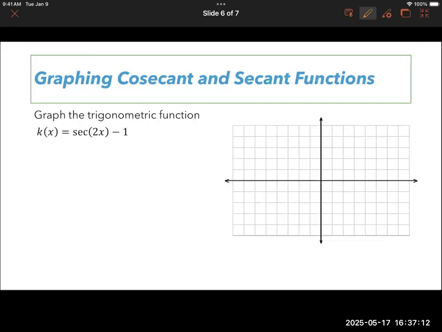And so when we're graphing cosecant and secant functions, we know that cosecant is the same as 1 over sine, and we know secant is the same as 1 over cosine. And since I already know how to graph sine and cosine functions, I want to use that to graph my secant and cosecant functions, rather than coming up with some new set of rules that I have to memorize.